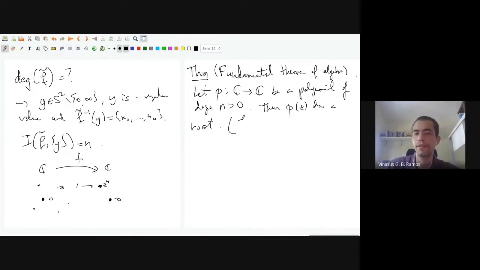In other words, there exists some z in C such that P of z is equal to 0. If you know the fundamental group, you can prove this with the fundamental group, but we can prove this with degree theory too.